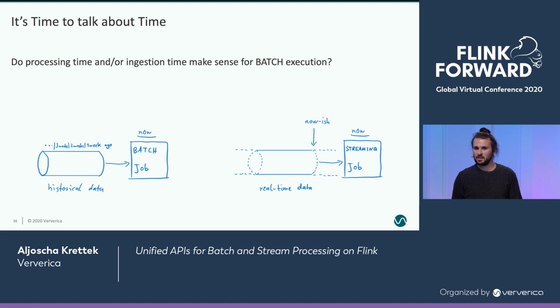So in Java, if you just say System.currentTimeMillis, you get about the same time that you would get on the sensor that sent that data to you a couple of seconds ago. So there's only a couple of seconds of mismatch between processing time and event time. So it can be okay for streaming jobs, but I still think using processing time is mostly a mistake. So I would always recommend to use event time, but it's there if you want to use it.